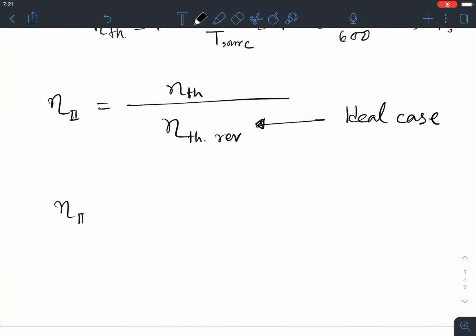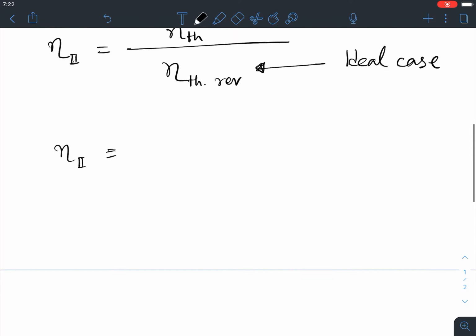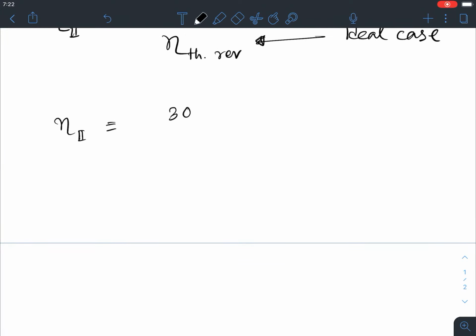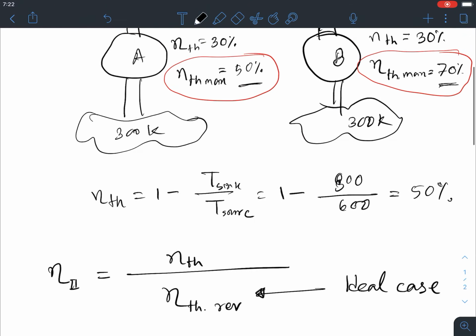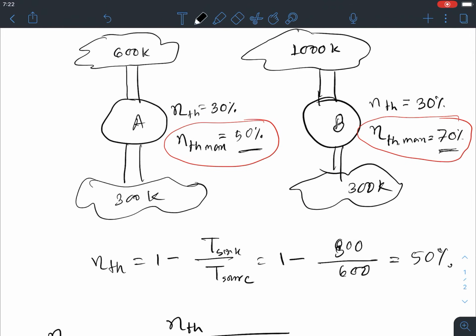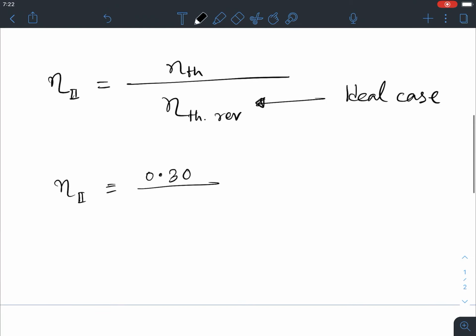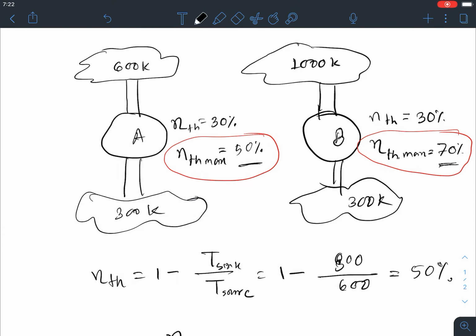The second law efficiency for case 1 will be: the thermal efficiency is 30%, or 0.3, divided by the maximum, or reversible, which equals 0.5. So the ratio will be 0.6, right? That means 60% efficient.